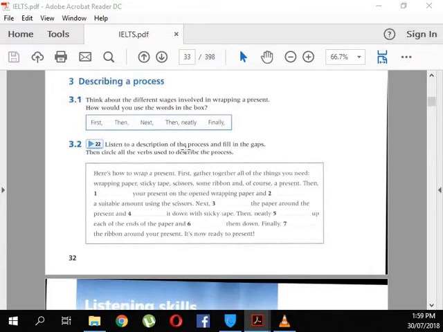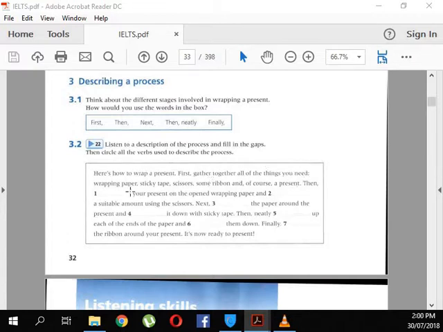After filling these gaps, we are required to circle the verbs. So now you're going to tell which are the verbs used. Here's how to wrap a present. How to do something. Okay, wrap. Wrap is a verb. Gather.